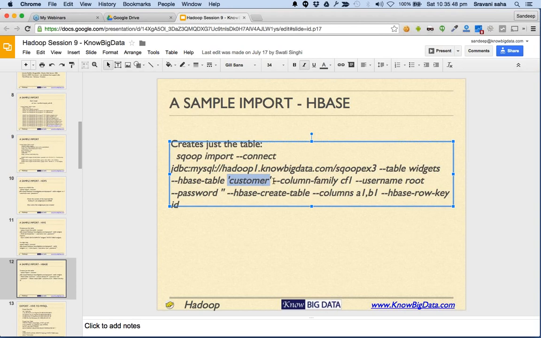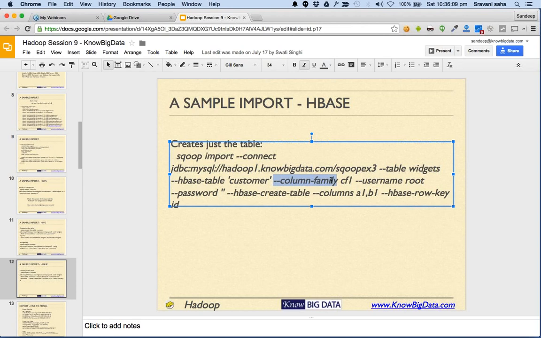In this customer table, you have a column family called CF1. Okay, and this is the username and password for the MySQL.